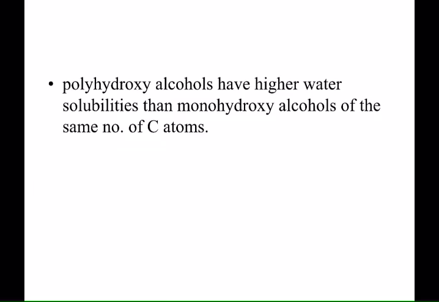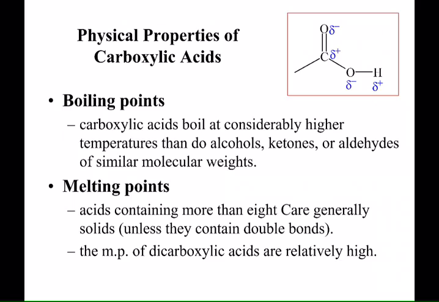Polyhydroxyl alcohols. So hydroxyl is an OH, alcohol is an OH. The more OHs you add, the more soluble they become. Okay. So carboxylic acid, we have an R group over here. At the end of the carbon chain, we have an OH and a double bond oxygen.